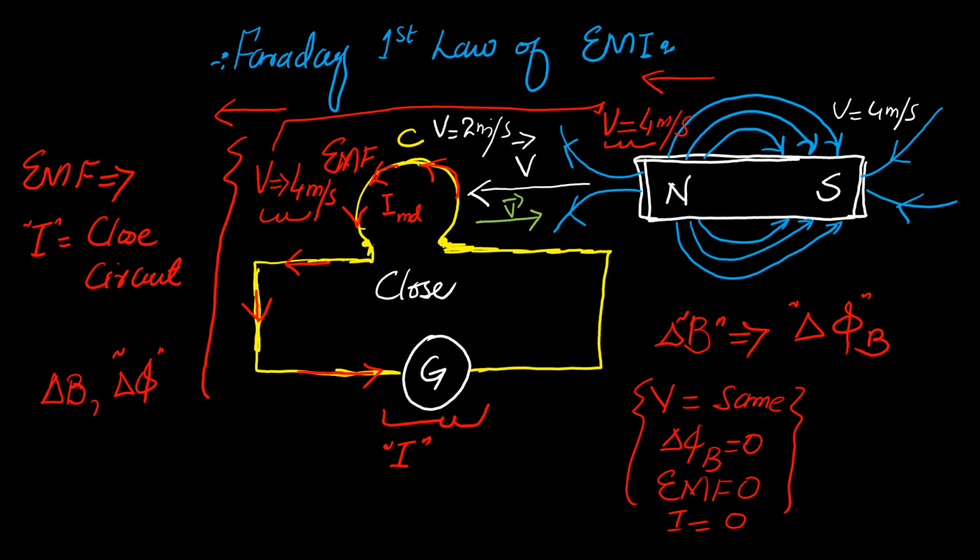So this means that whenever there is a change in relative motion, V relative, there will be a production of an induced EMF in a coil, and this induced EMF will generate an induced current.